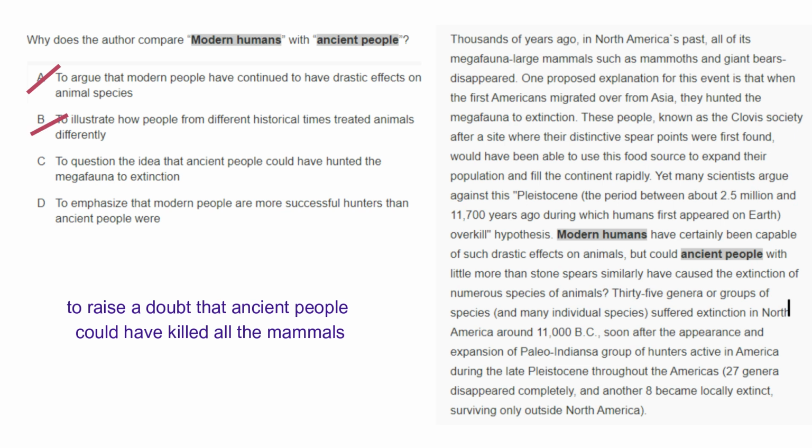Option B is not the point. C. To question the idea that ancient people could have hunted the megafauna to extinction. Option C is what we are looking for. D. To emphasize that modern people are more successful hunters than ancient people were. Option D is not the point. The passage mentions that modern humans are capable of causing animal extinctions, but does not specify how. So the answer is C.